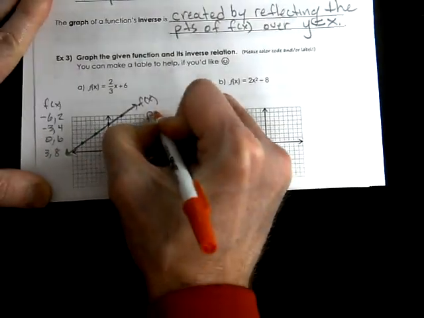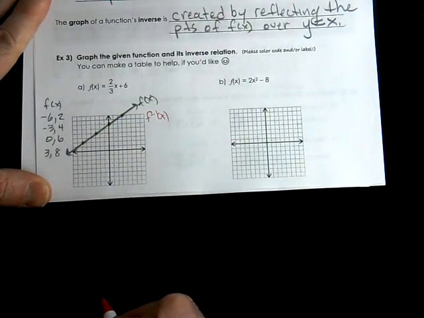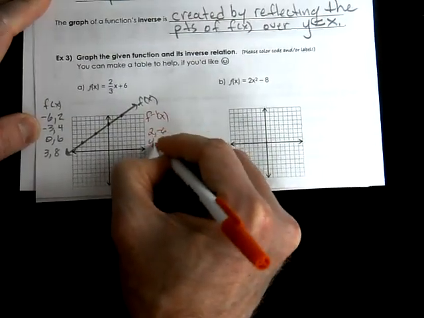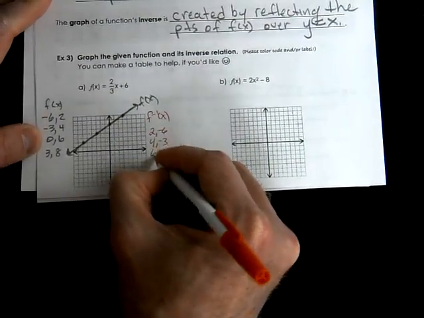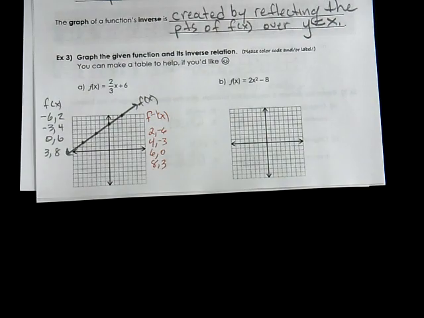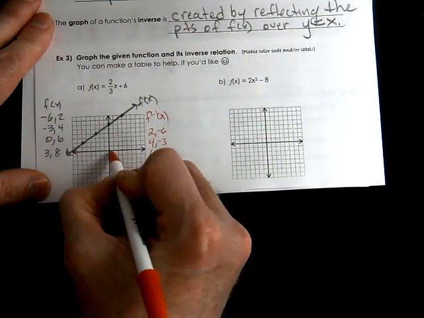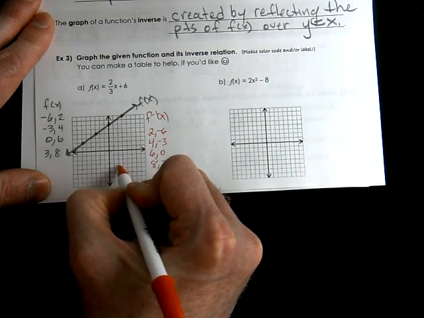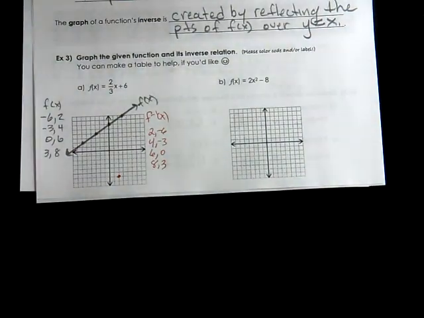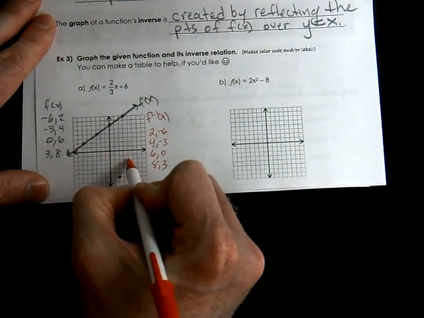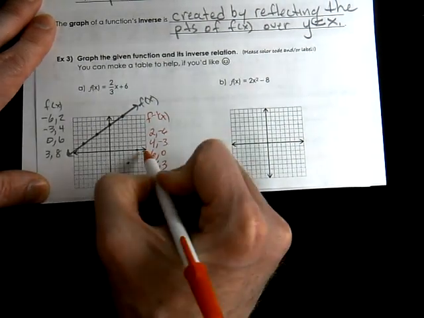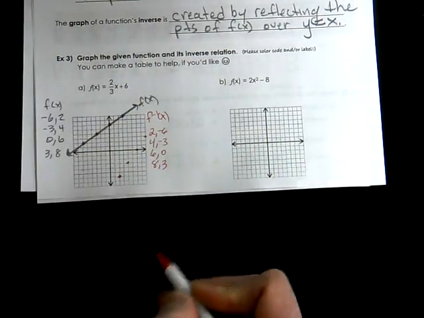Now we can take a look at f inverse of x. We could switch our points. The x's become the y's. And then you can simply plot those. 2, -6, 4, -3, 6, 0, and 8, 3.